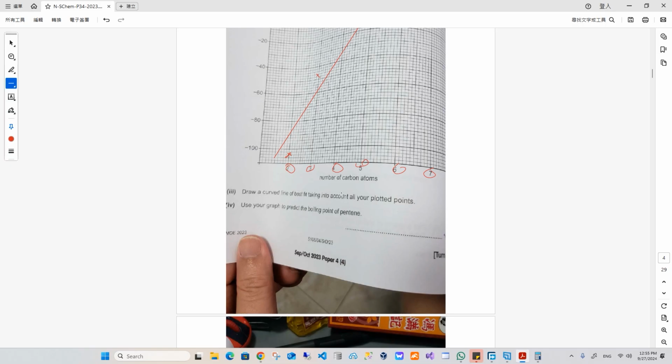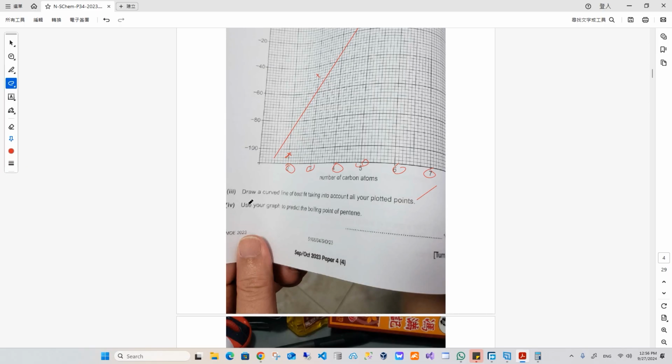This is chemistry, so don't really care about the mathematics. Just draw a best line with a balanced number of points on the left and right, more or less through the center, accounting for all your plotted points. Actually, they have an error margin for you, so don't worry. Just plot that, and if your line is the best there, you get most of the marks.